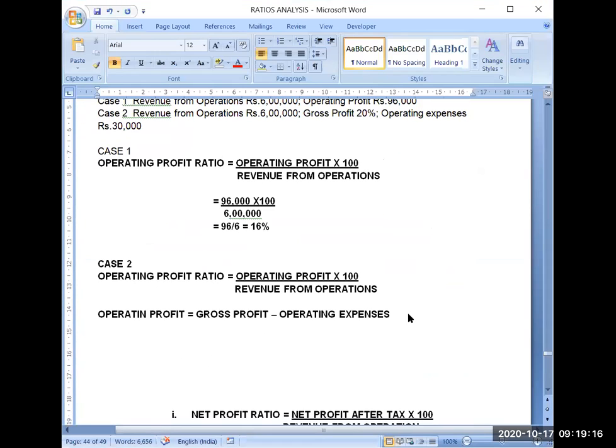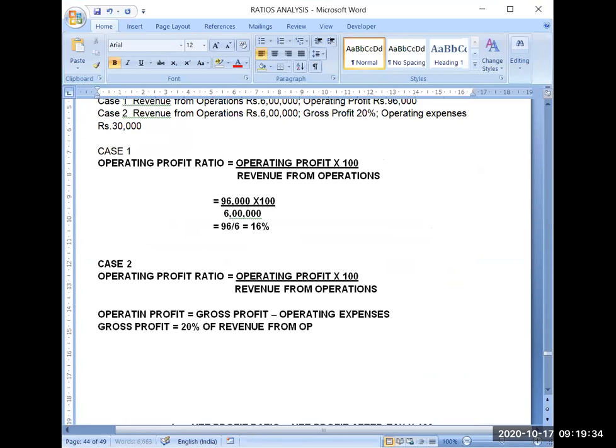Now for that I need to calculate gross profit. So gross profit is equal to 20% of revenue from operation. That is also given in the question, but every time you should write such information so that the examiner will be able to understand what you are solving.